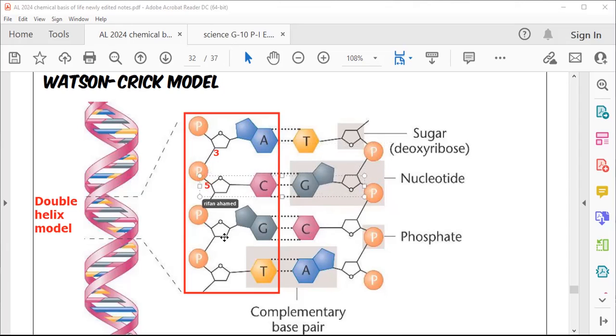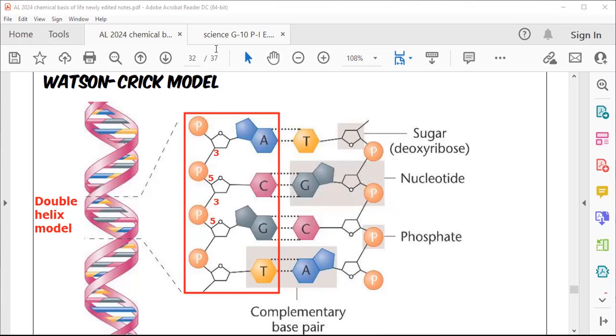So here it will be the fifth carbon. Again, this is what? Third carbon. Here there will be which carbon?